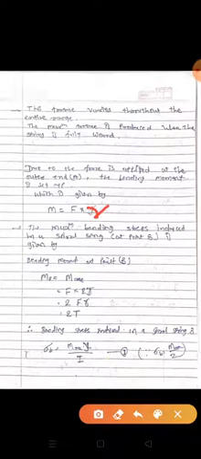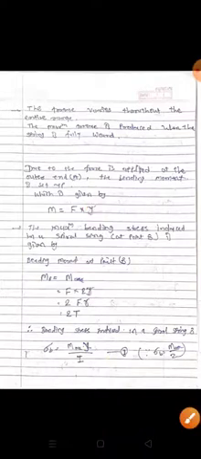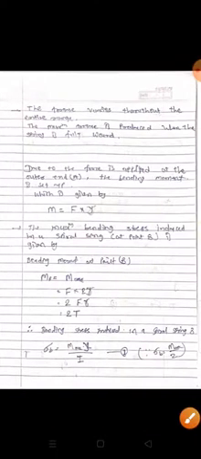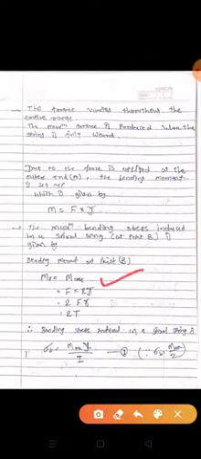The maximum bending stress is induced in the spiral spring at point B. The bending moment at point B, M_B, is equal to M maximum, which is F into 2R.